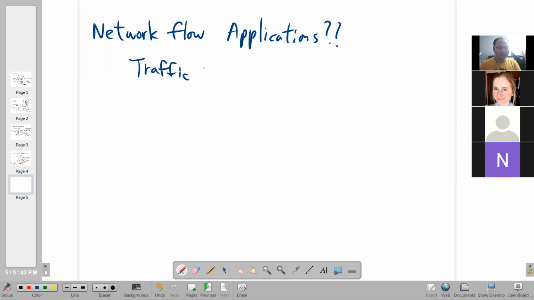Traffic flow. Maybe you have a 2-lane highway, so you can say you can have this many cars per minute driving through and not have congestion. And then you have intersections, and so on and so forth.